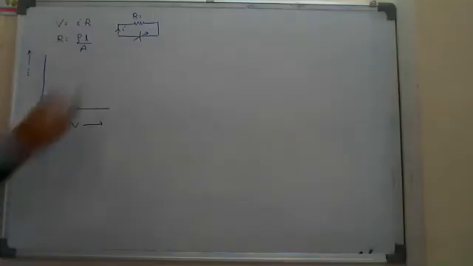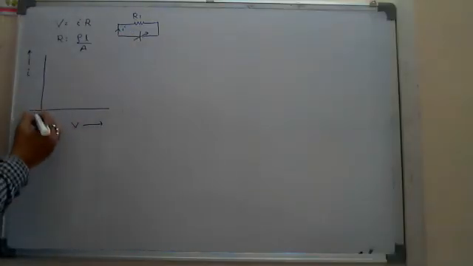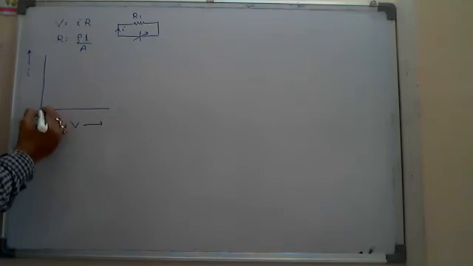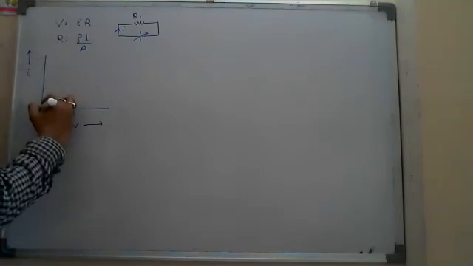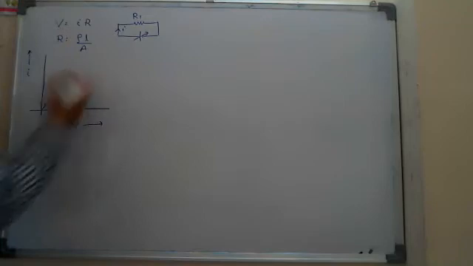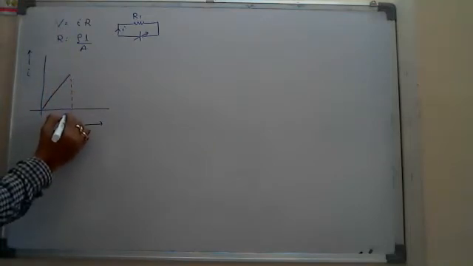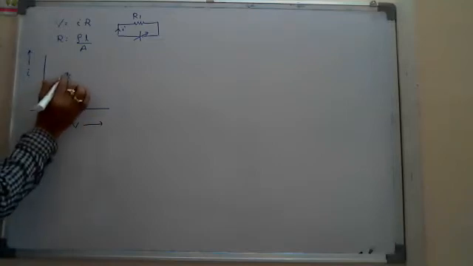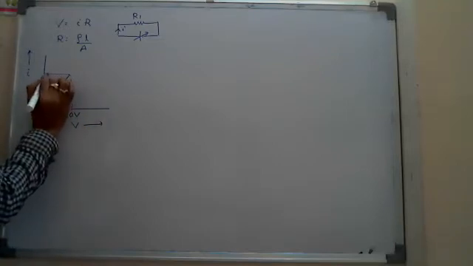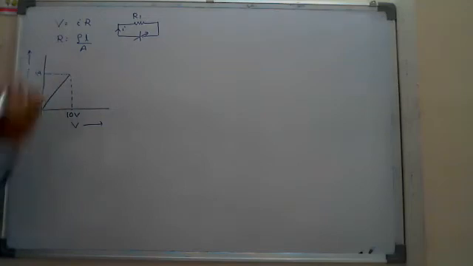Okay, to the first resistor. With the increase of voltage, initially he observed current also increases linearly up to some 10 volts. Okay, and there the current is 1 ampere.